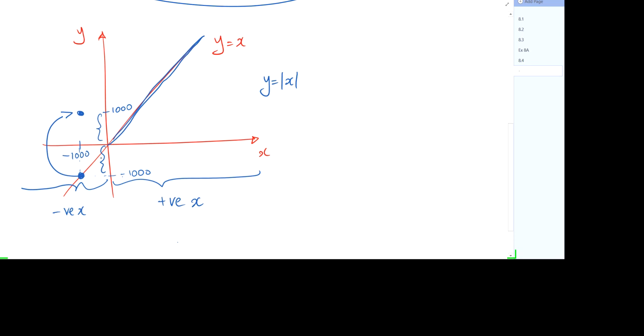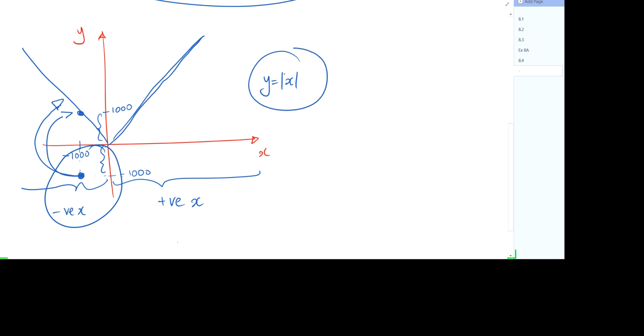We do the same for everything. We will get a reflection this way. So whatever is at the bottom is now reflected upwards. Then we erase the graph at the bottom, and now we end up with the graph of y equals to modulus x. The x value 0 wasn't affected, just like positive values.